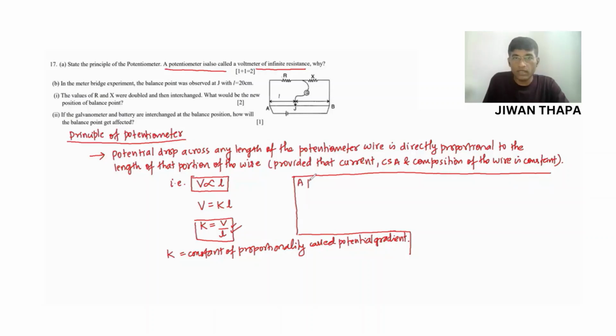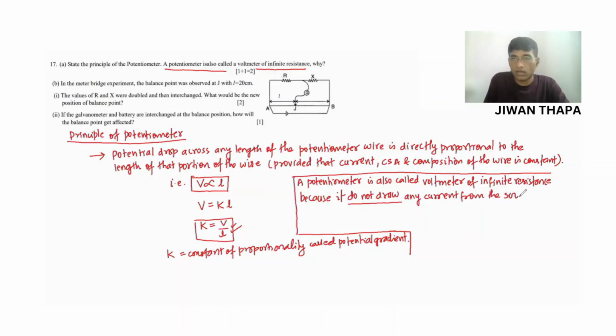So I'm writing, a potentiometer is also called voltmeter of infinite resistance because it does not draw any current from the source of EMF at null point. So this is to be noted.